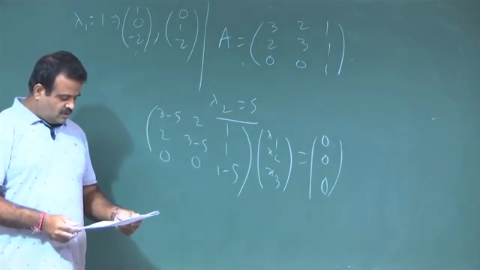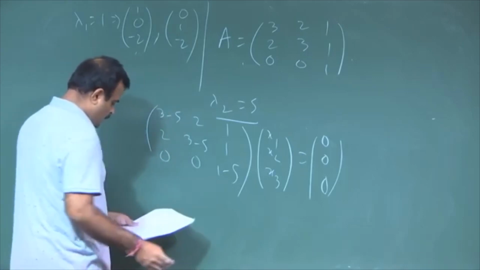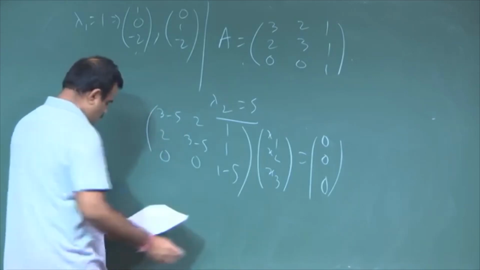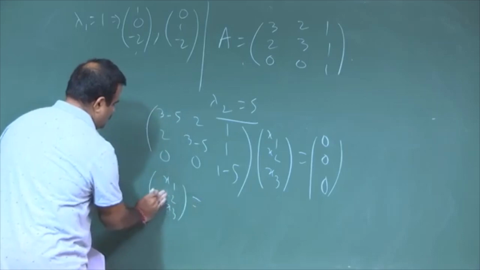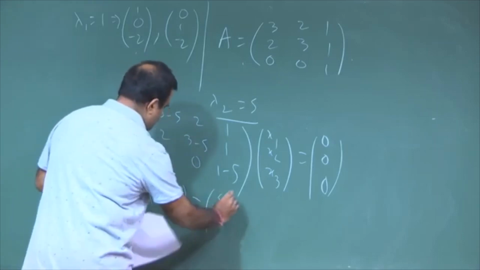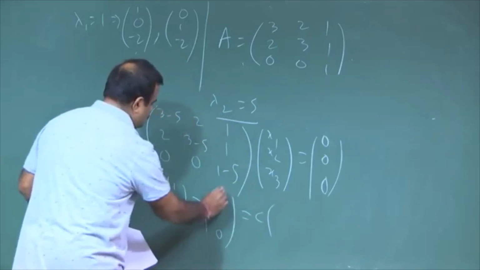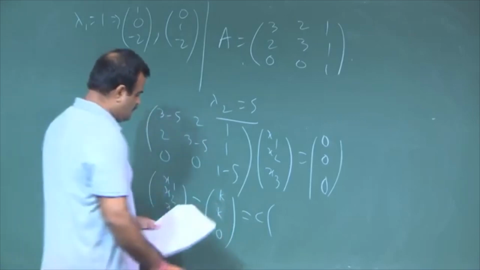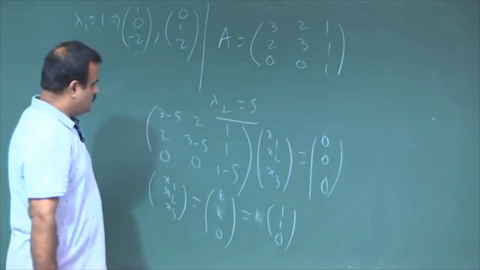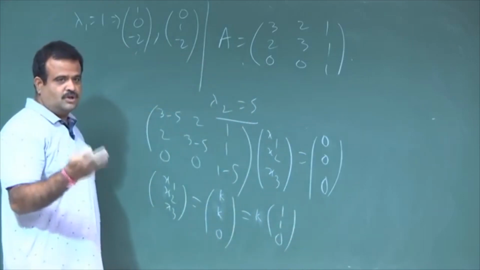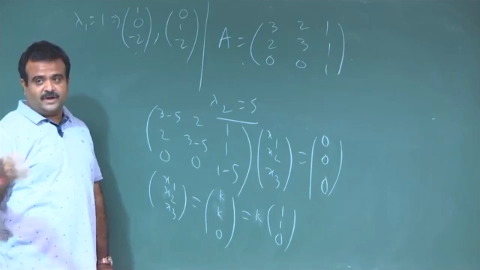If we solve these equations, we get x 1, x 2, x 3 as k, k, 0, where k is another constant. Taking k common, we get 1, 1, 0. The geometric multiplicity of this has to be 1, and that is the vector generating the eigenspace.